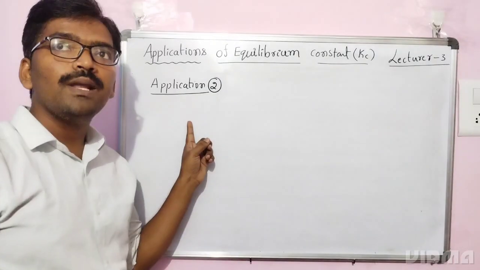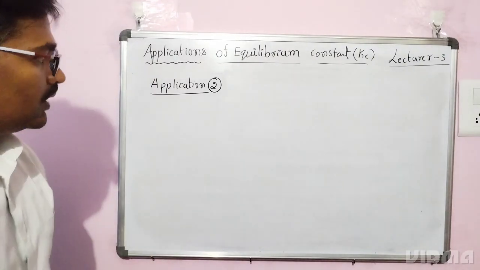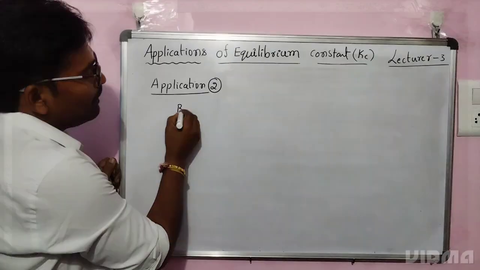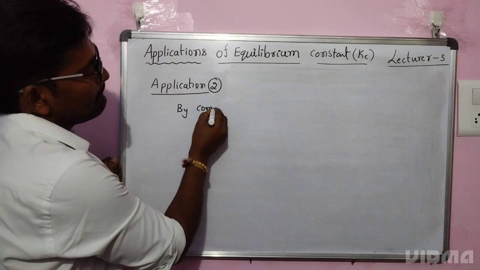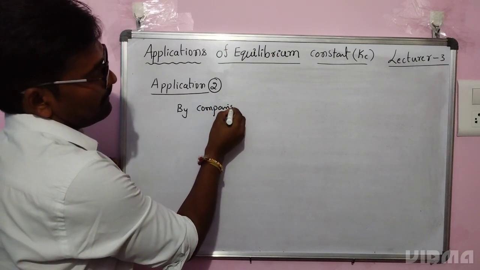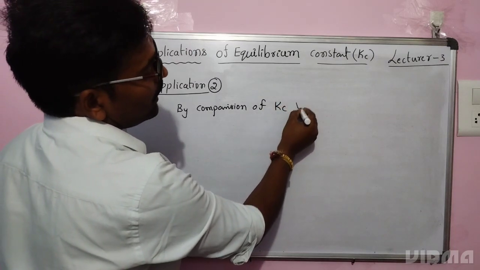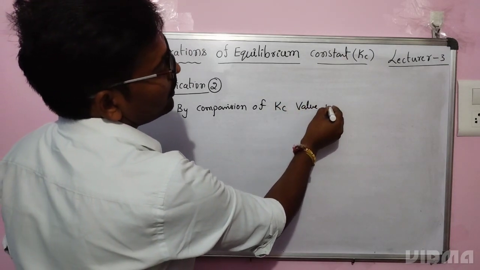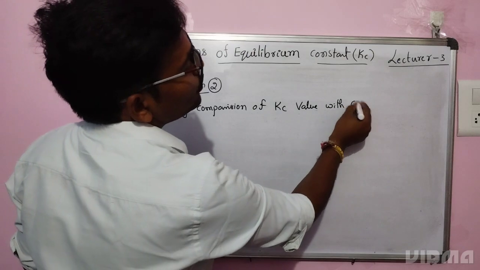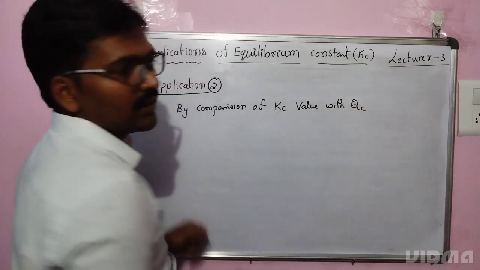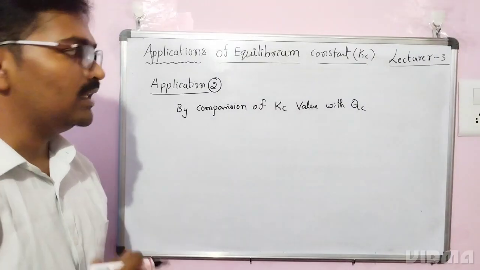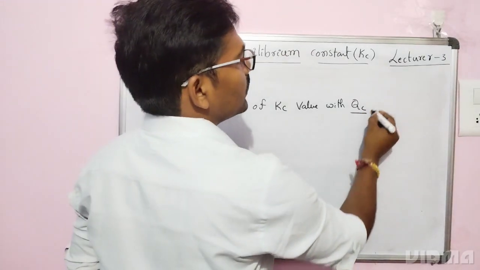Next, application number 2. Here, by comparison of the Kc value with Qc. So what is Qc?